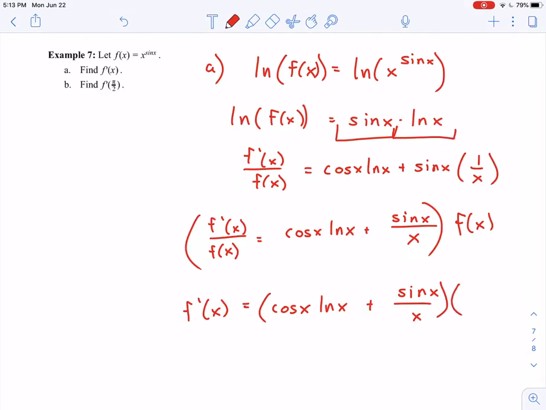Well, what was f of x? That was x to the sine of x power. So this is x to the sine of x power. There's my derivative. That's all I'm asking you for in part A. At this point, I've used logarithmic differentiation. I found the derivative. This is my solution.